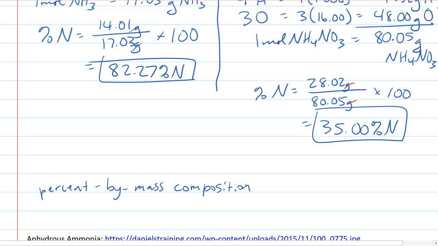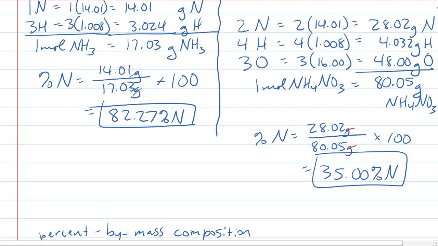Now, if you're asked to calculate the percent by mass composition, we are not specifying a specific element, but rather you would calculate the percentage for all of the elements that are contained in the compound. So in the case of ammonia over here, if we wanted to find the percent by mass composition, we'd find the percentage of nitrogen and we'd find the percentage of hydrogen.